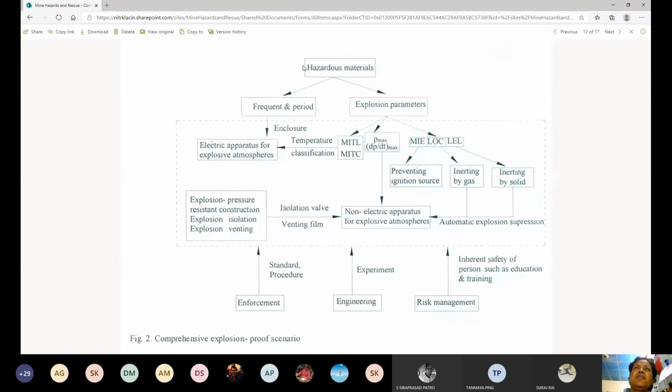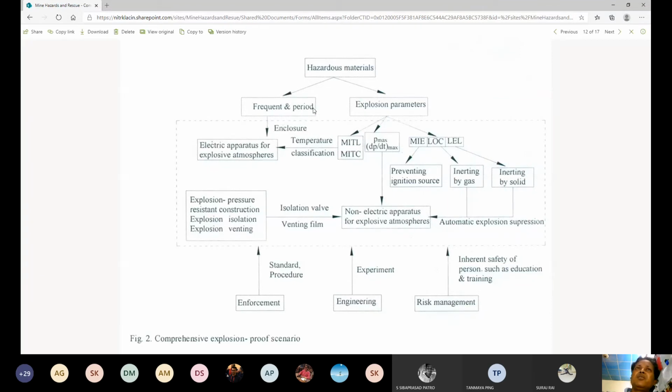Inside the mines, there are many types of hazardous materials. One of them is coal dust, a hazardous material. Methane is a hazardous material. So what is to be done for these hazardous materials? What is the frequency of dust generation in the mines?